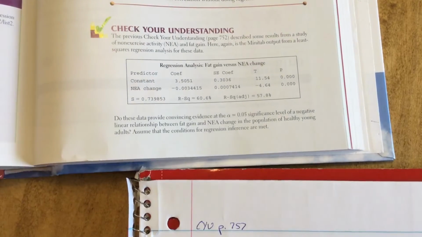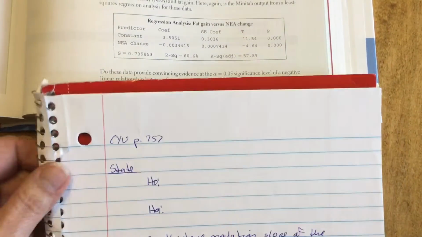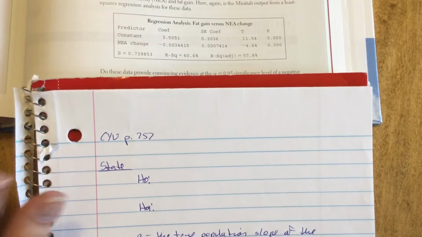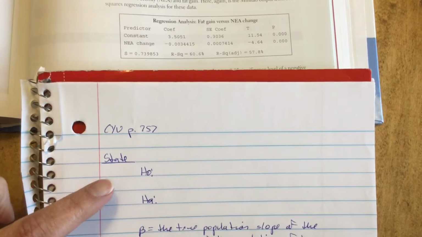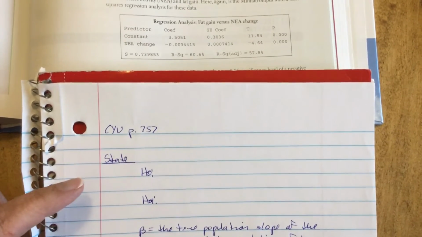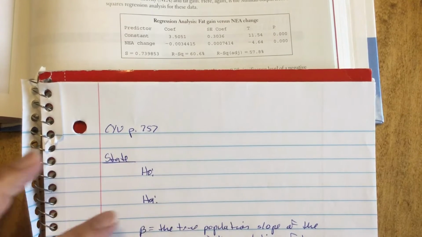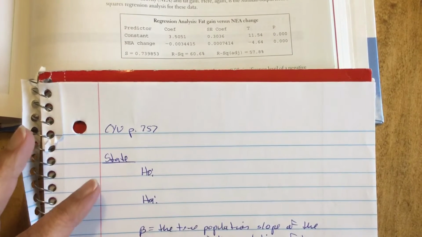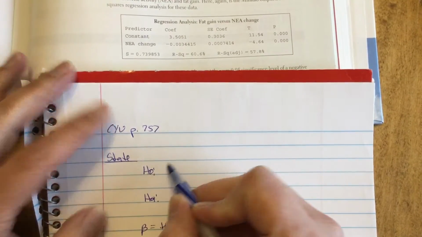Okay, so the first thing we have to do is our state, and of course we've got our Ho and our Ha, okay? As with all of our null hypotheses, the null hypothesis is always that there is none, it's no change. So here we're going to say there's no linear relationship, but we'll put it in syntax of our letters.